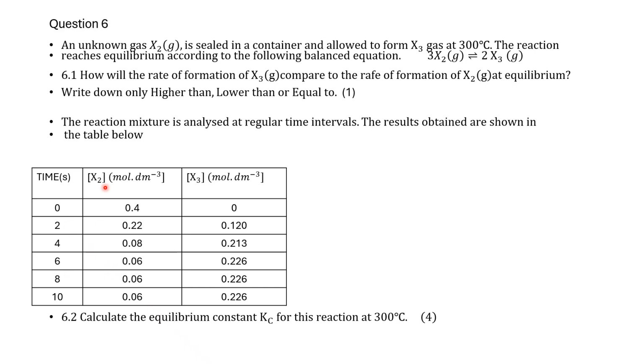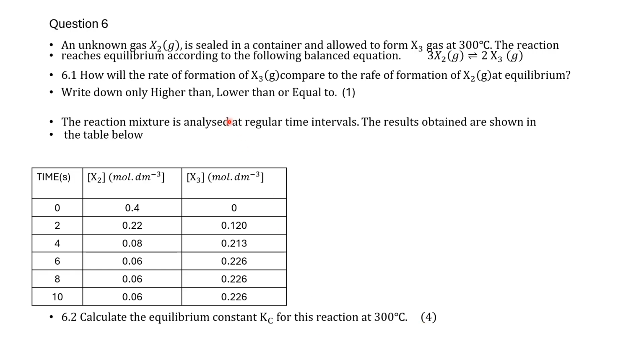For X2, it went from 0,4 to 0,22 to 0,08 to 0,06, and there it stayed constant. For X3, 0 to 0,12 to 0,213, and there it stayed constant, 0,226. They say calculate the equilibrium constant Kc for this reaction at 300 degrees Celsius.